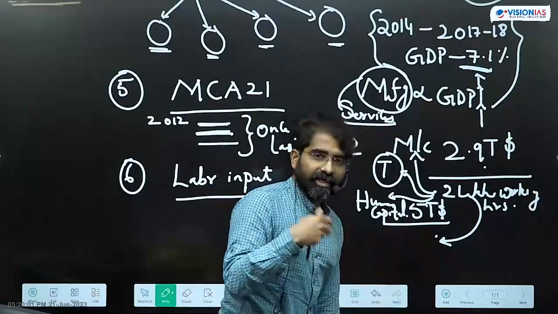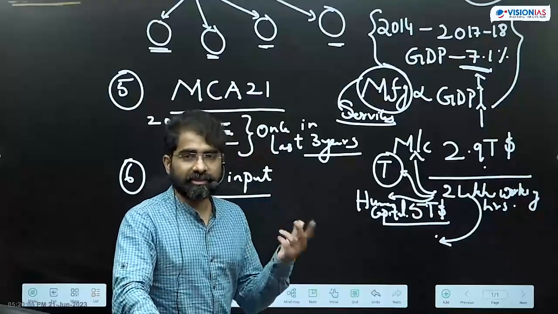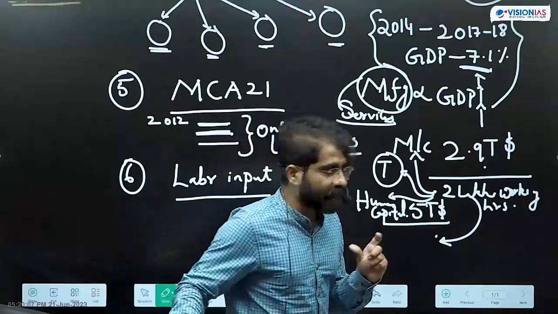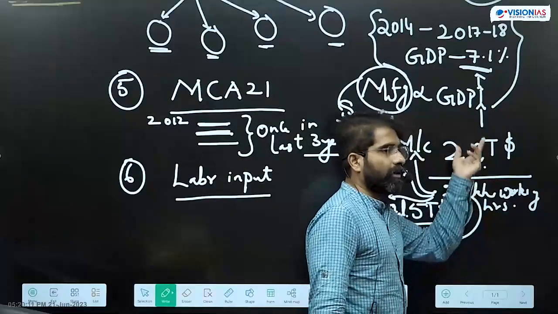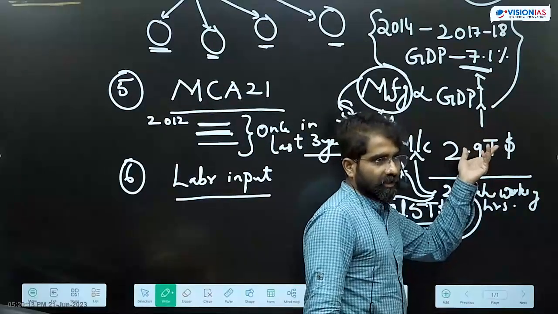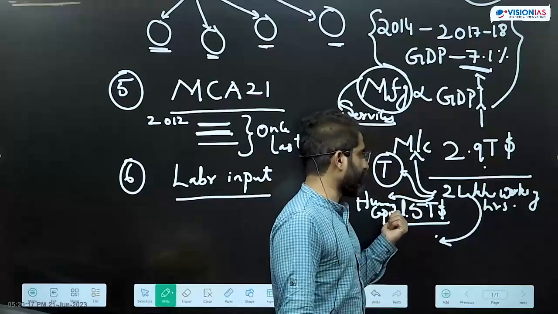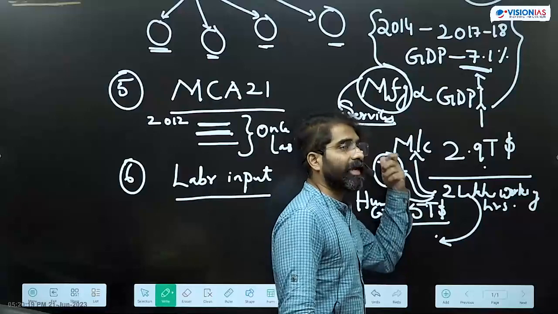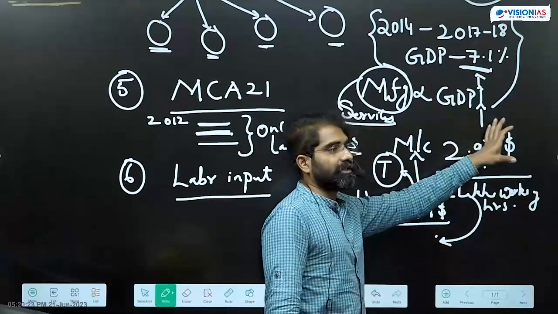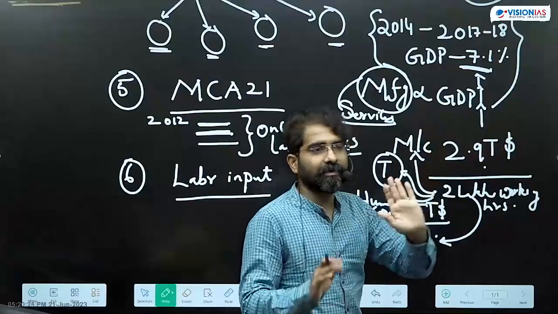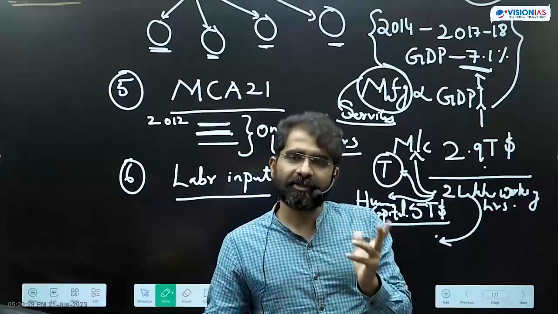If you increase this, then automatically labor efficiency will increase. Labor efficiency will increase. That means with less working hours, labor hours, you will be able to create more output. This is the logic. That means technological efficiency or human capital efficiency or the number of new capital goods if you are giving, this will add up to the GDP growth. That means labor productivity is also an important aspect for GDP.